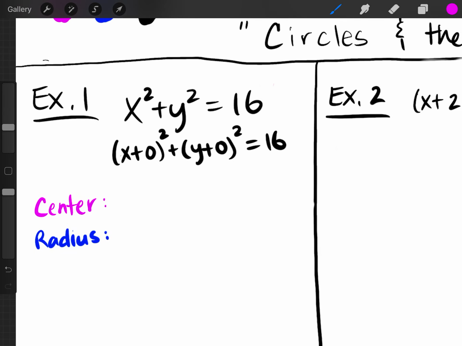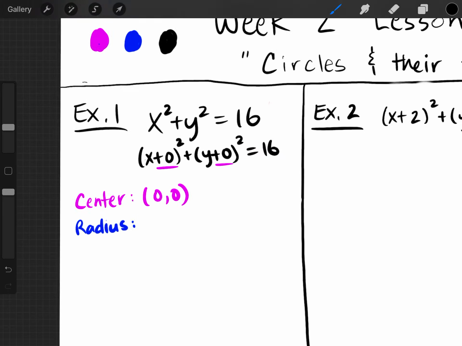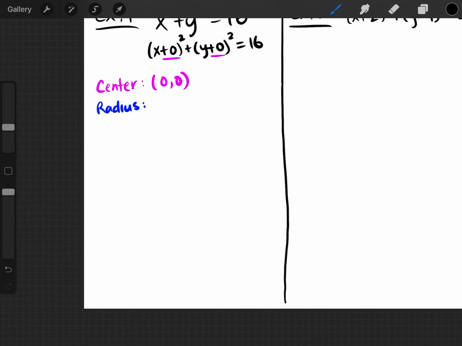It's still the same equation for a circle, but looking at that, it might be a little bit easier for us to see what the center is. From our equation, this plus 0 is telling us what the center is, right? It's saying left or right 0, up or down 0, telling us the center of that circle is at 0, 0.